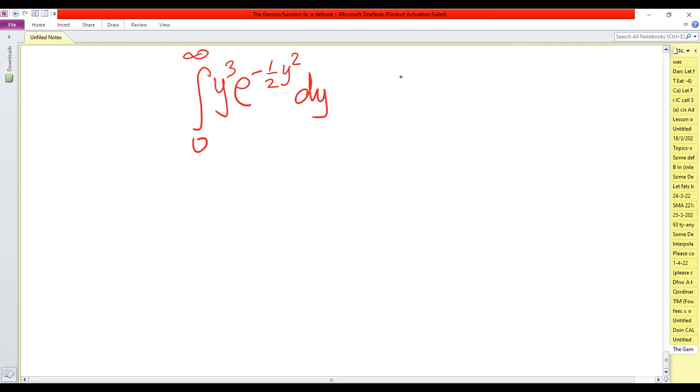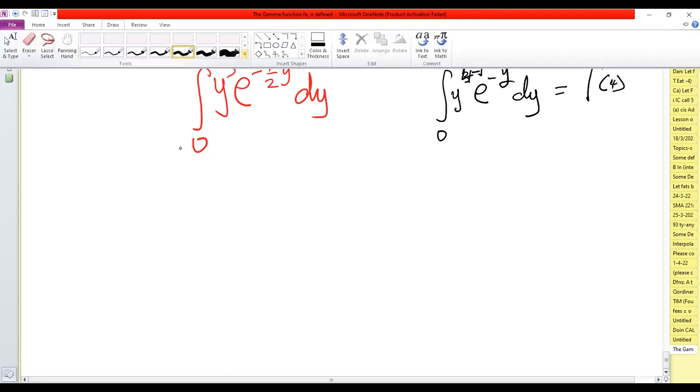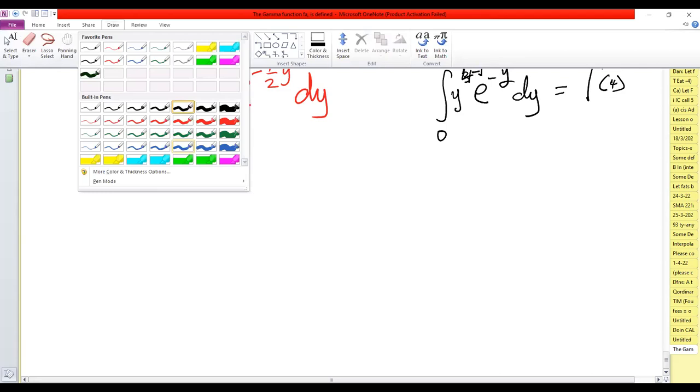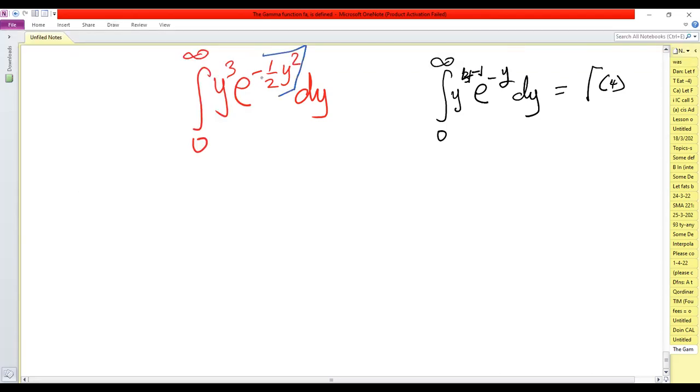Remember, if we had the integral from 0 to infinity of y power 3 e raised power negative y dy, we'll actually be happy to say that this is the definition of gamma of 4, because you can write 4 as 4 minus 1. But the power of the exponential is not negative y, so this is a problem on this particular integral.